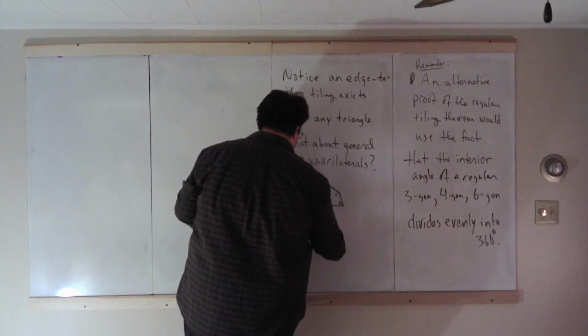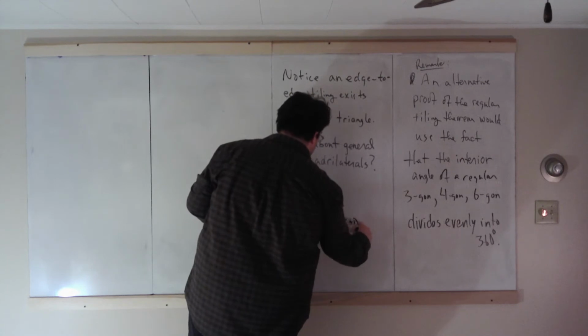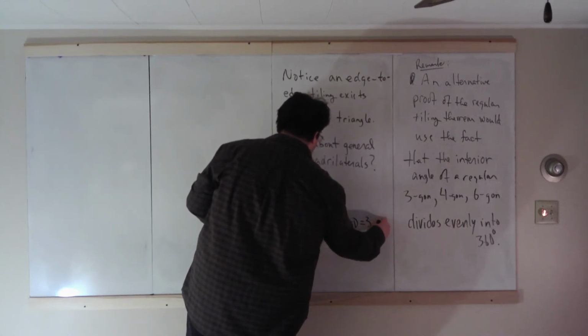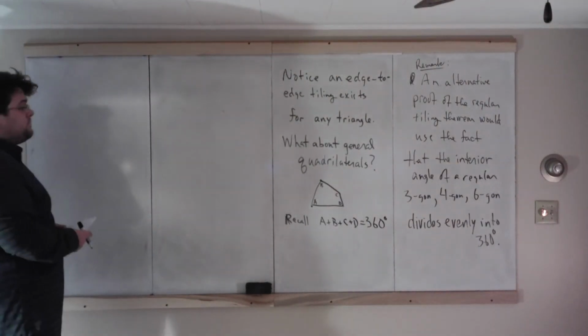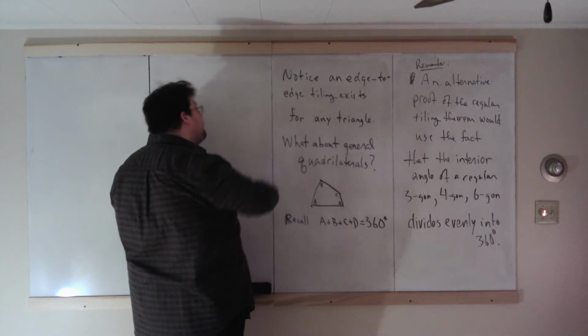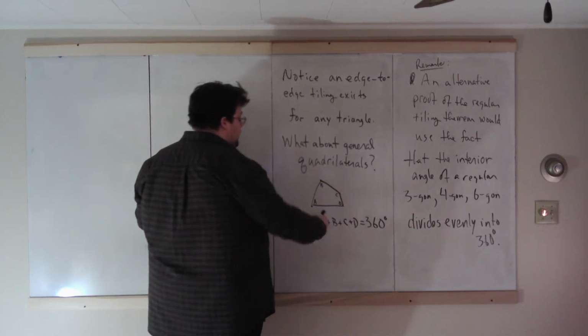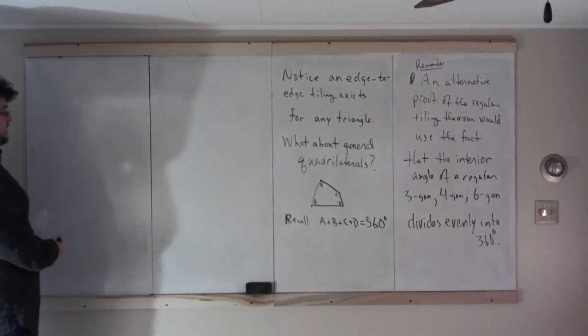Recall, these are all angles, A plus B plus C plus D equals 360 degrees. And because of that, when we do one of these tilings, we're going to want all four of these angles to show up at each point because they add to 360 degrees.